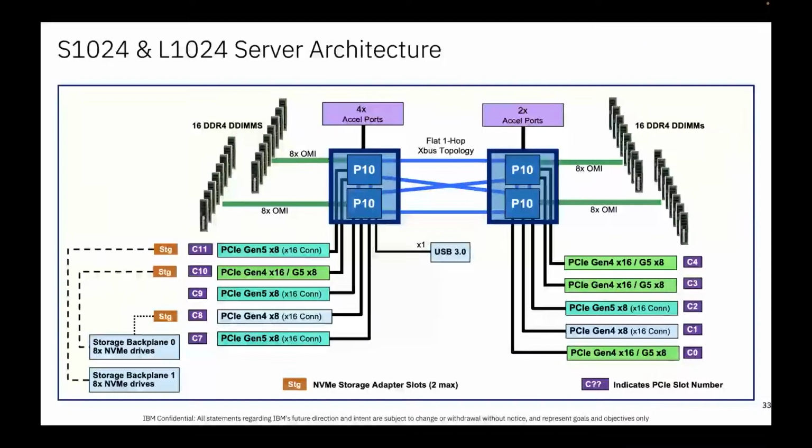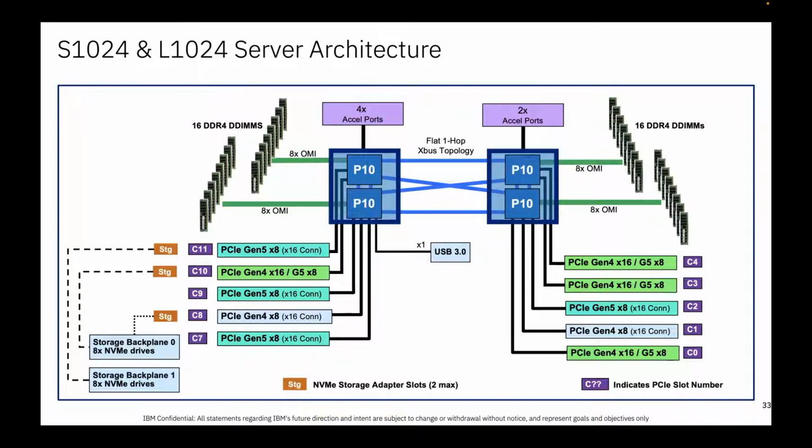Here is that architecture where instead of a single core module, we have a dual core module, and that gives us the additional memory over the 814. We only had 8 OMI slots because we have the second Power10 core, the socket, dual core module. We have 16 per socket, so we have a total of 32.